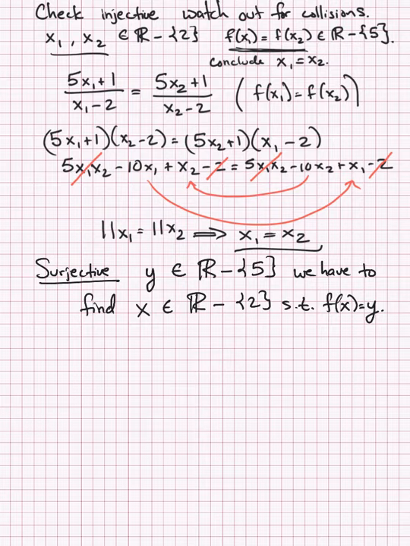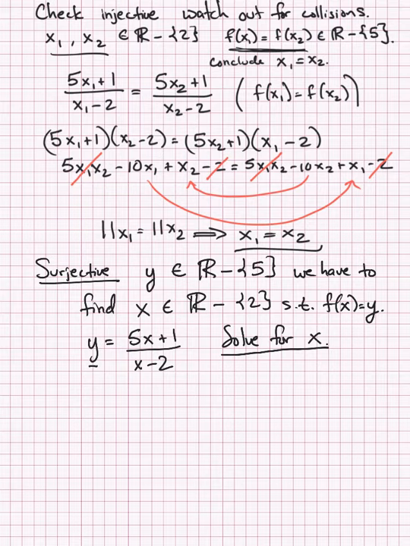Well, so how do we do this? Now you're just solving the equation y is equal to (5x plus 1) over (x minus 2), and you have to solve for x. If you've seen computing an inverse of a real valued function, this is essentially what you're doing here, but now you're just looking for the specific value of y.